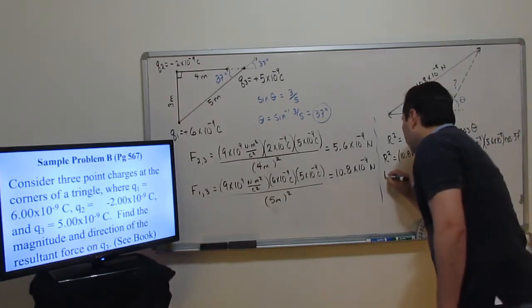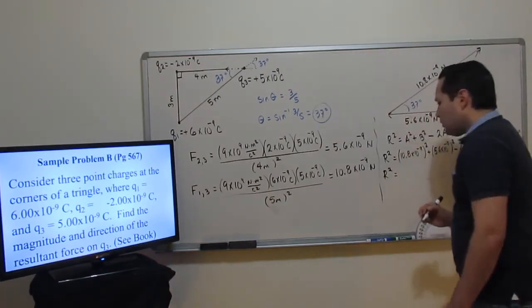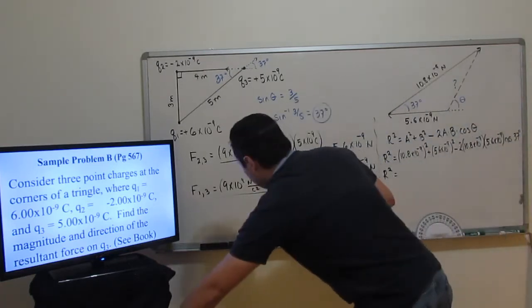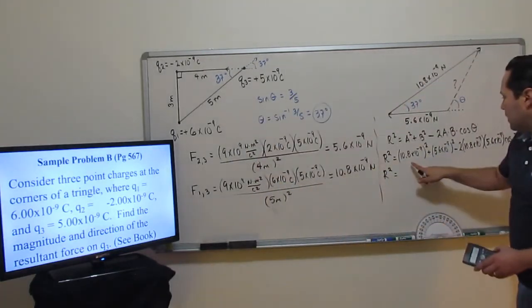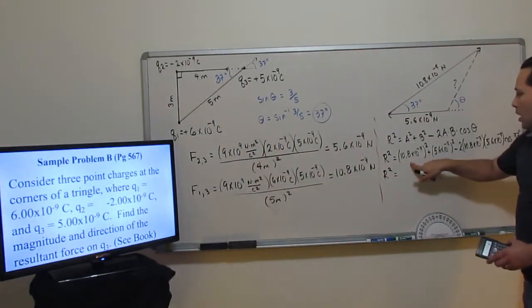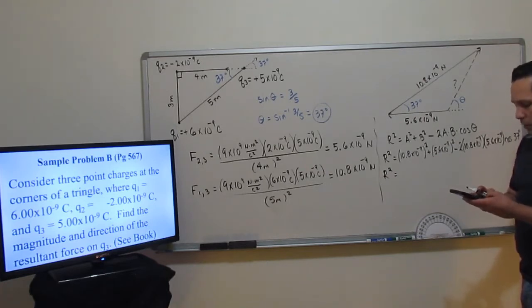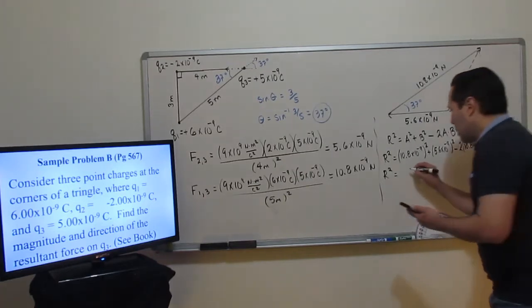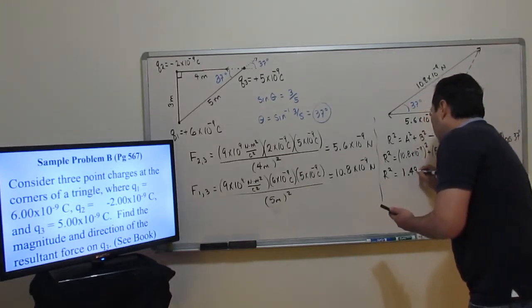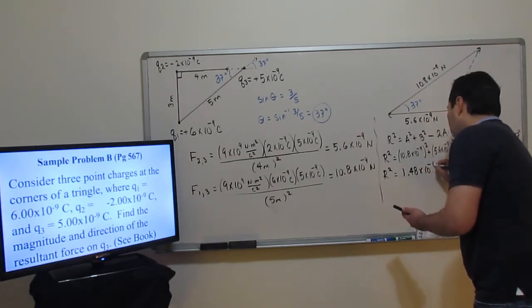Let's go ahead and solve. First thing I'm going to do is take care of this side. Square both of these, then add them to each other. So 10.8 times 10 to the negative 9 squared plus 5.6 times 10 to the negative 9 squared gives me 1.48 times 10 to the negative 16.